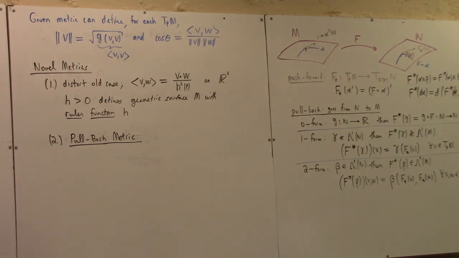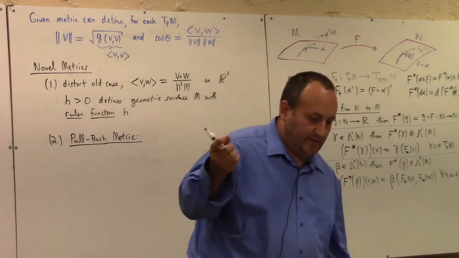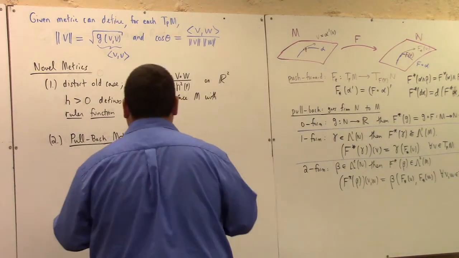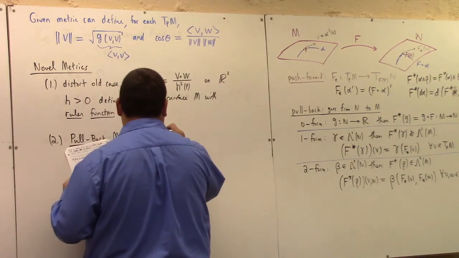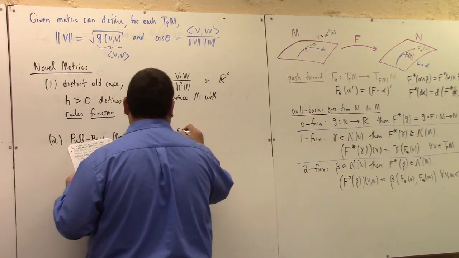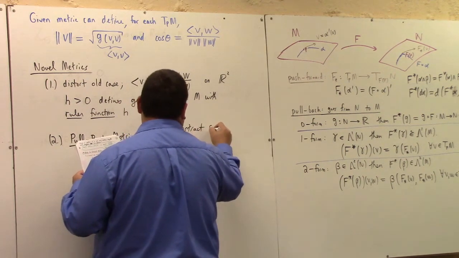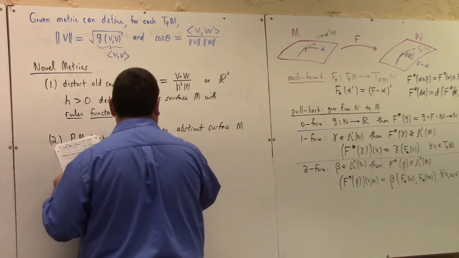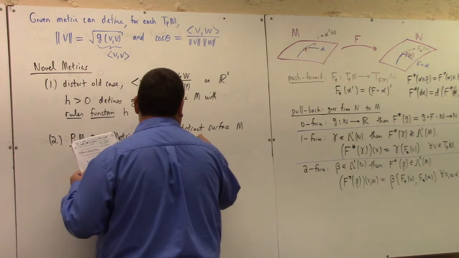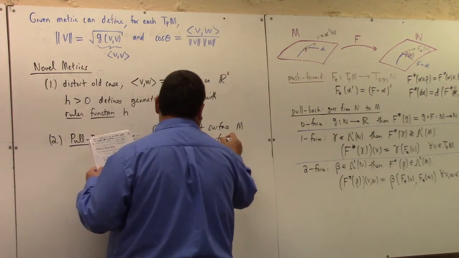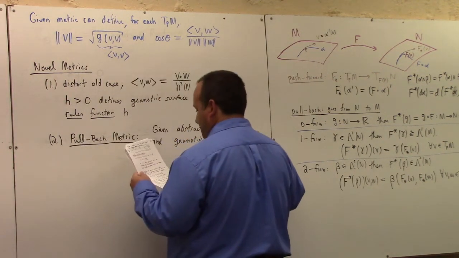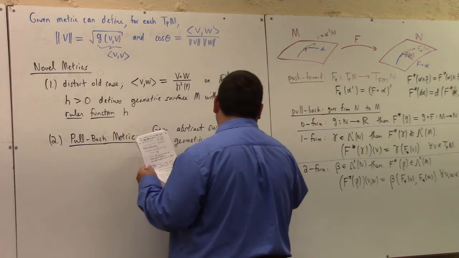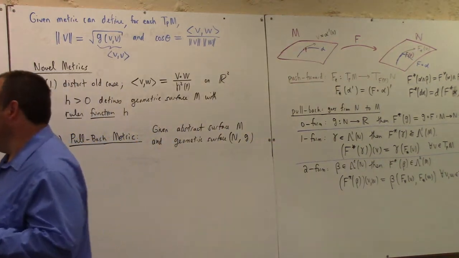So pullback metric, though, here it is. If you have M as an abstract surface and N as a geometric surface with metric G, so given an abstract surface M, and a geometric surface N, and I'll write N comma G. So this is a nice notation.